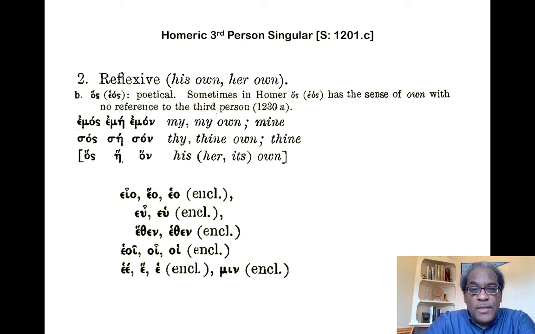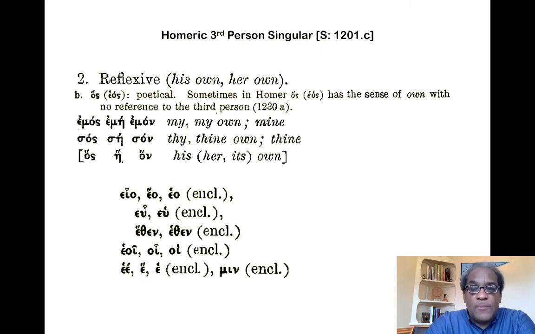So you notice in this chart, you also have these in the square brackets, hos, hē, hon, representing the third person possessive pronoun, his, her, its own, and that is used reflexively, and that is what you see in Homer.